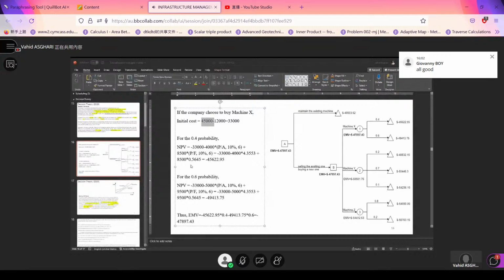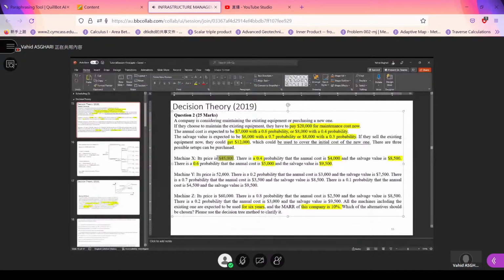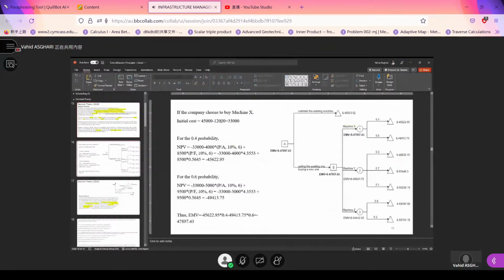Yeah, okay, perfect. So if the company chooses to buy machine X, the initial cost will be $45,000. It was also emphasized that if you sell the old machine, the money could be used to cover the initial cost. So if you want to buy machine X, we have already sold the previous machine, so the initial cost is 33K.